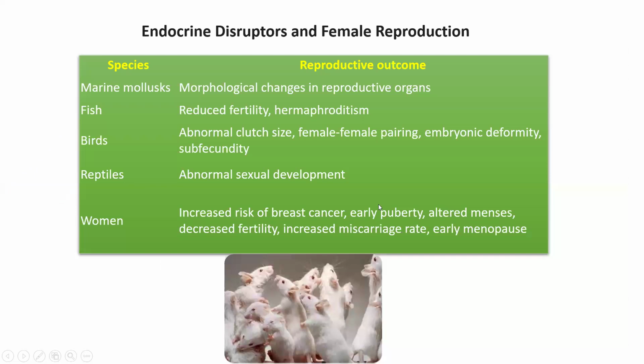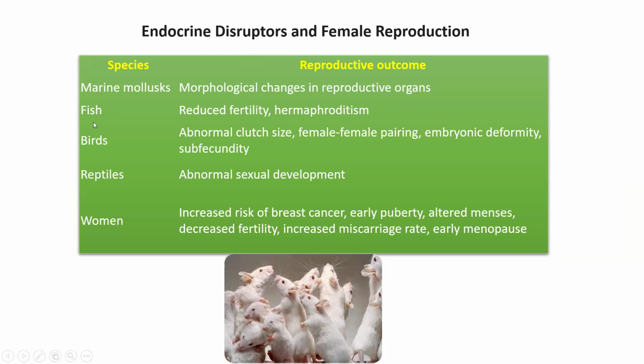Now, what are the effects of endocrine disruptors on female reproduction? When endocrine disruptors affect female reproduction, what are the outcomes? Here we have discussed some species. In marine mollusks, there are morphological changes in reproductive organs.